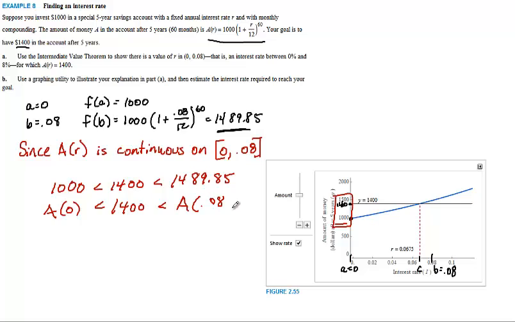Therefore, by the intermediate value theorem, there exists some value of C.